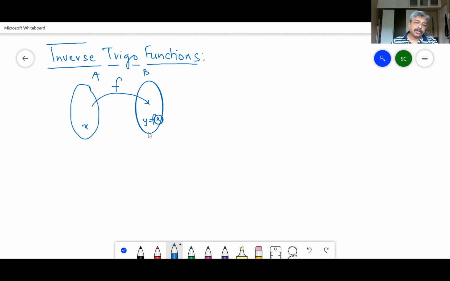And then if we want to operate a function from y to x in the reverse direction, if we want that function to exist, we call it the inverse function, f inverse, and we should get back to the original x. So if we do f inverse of f of x, we should get back to x, right?